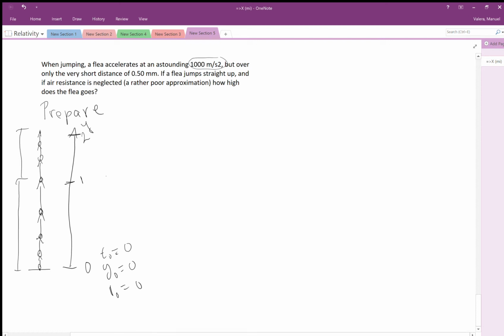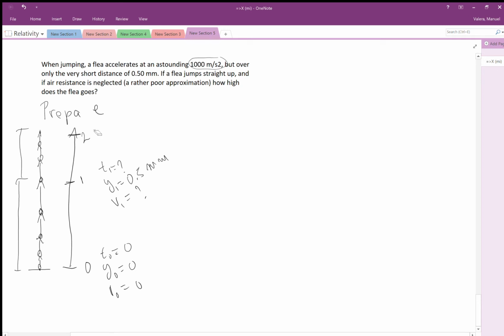Then when we get to 1, we have time t1, which we don't know. So y1 is the distance while it is accelerating. It is 0.5 millimeters, right? And then we have v1, which we don't know. We might need to find that.